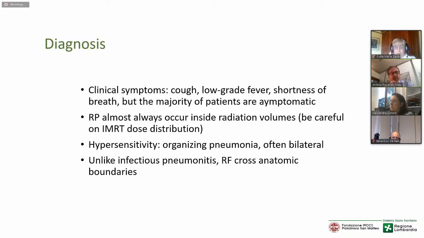The typical pattern is, however, sometimes complicated when we have patients that are hypersensitive or have other pulmonary comorbidities, for example, interstitial pneumonitis, or fibrotic interstitial disease.